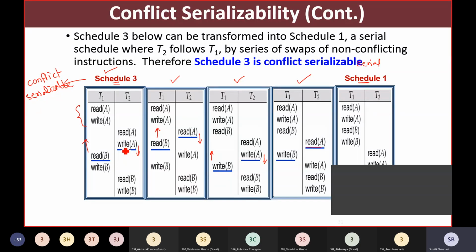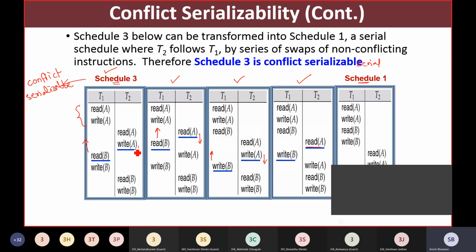Those belong to 2 different transactions. So if these 2 transactions are non-conflicting instructions, then it is possible to change the order of these 2 instructions.